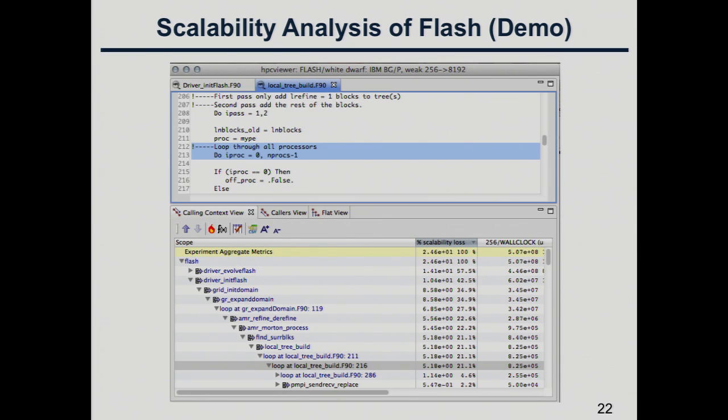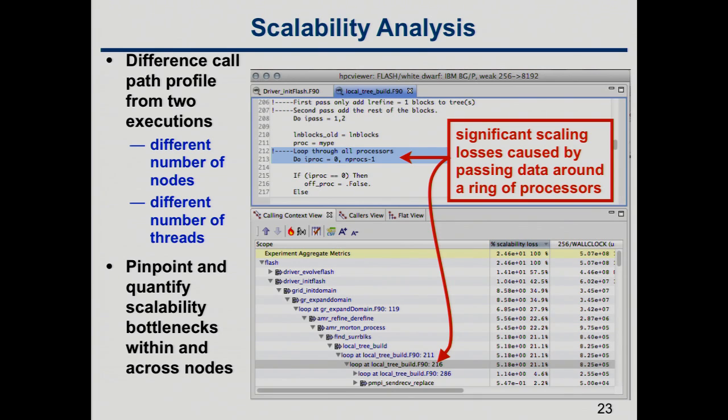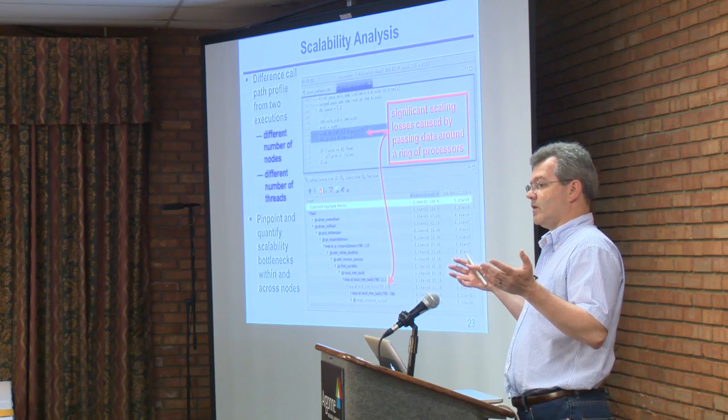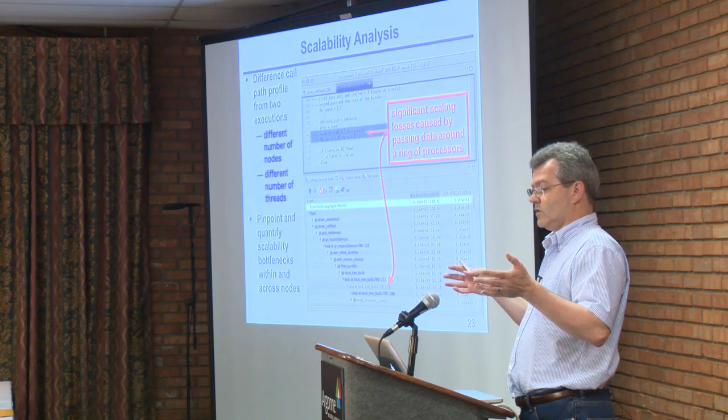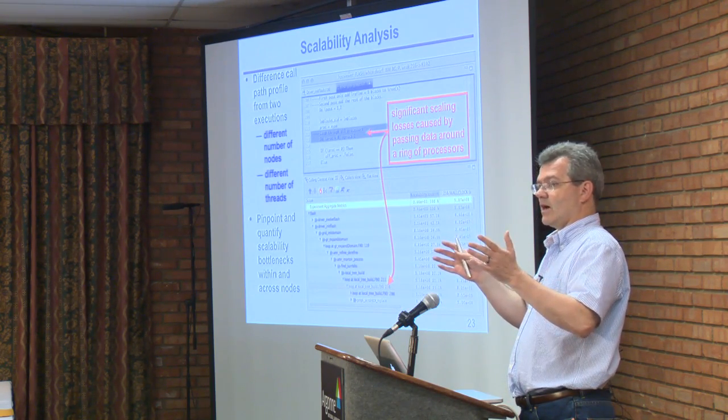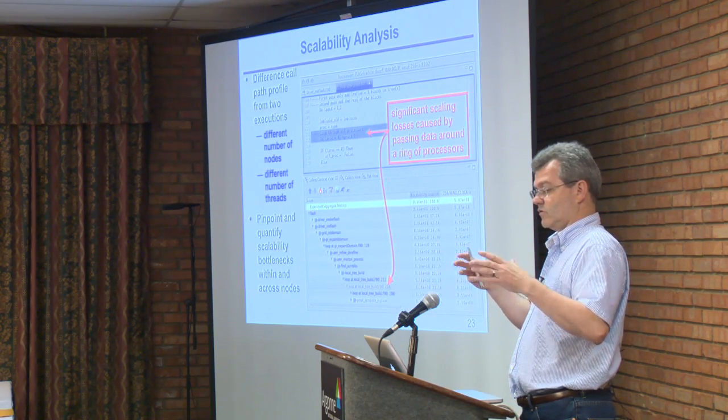And then what this column is showing is that a significant amount of the scalability loss can be traced to this tree building phase. And so what happens is it's doing adaptive mesh refinement. And so in the course of the execution, you're going to take blocks and cut them into sub-blocks.